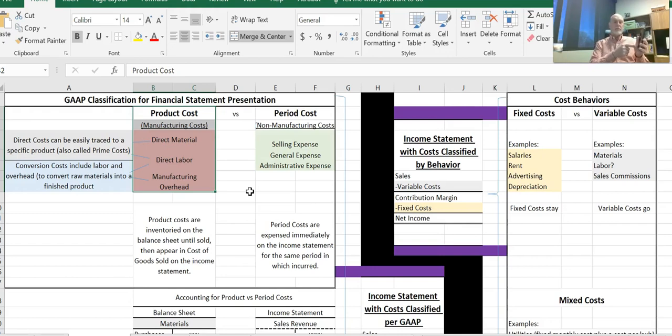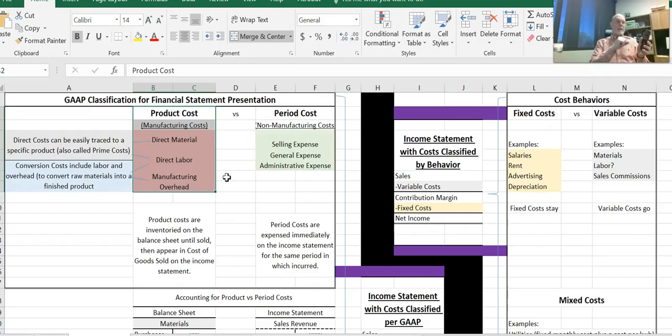So the rest of the costs in the business that are not related to the production of the iPhone, we call those period cost. The difference is this: all of these product costs, material, labor, and overhead, are going to go into the cost of inventory.